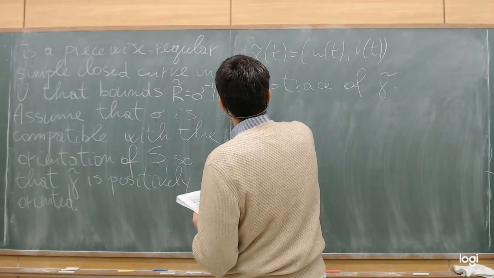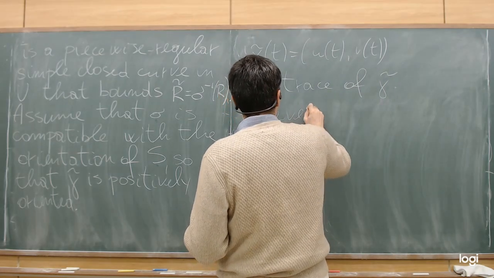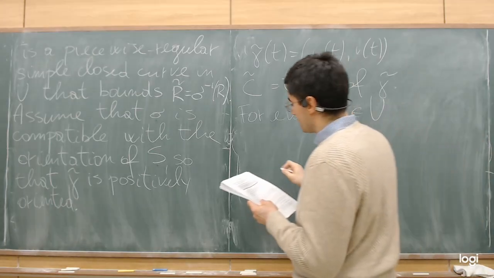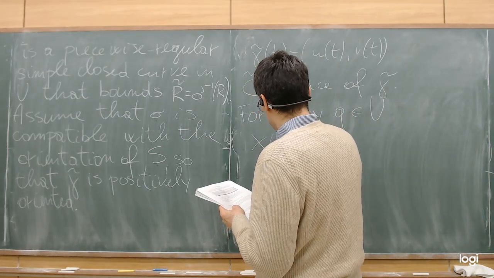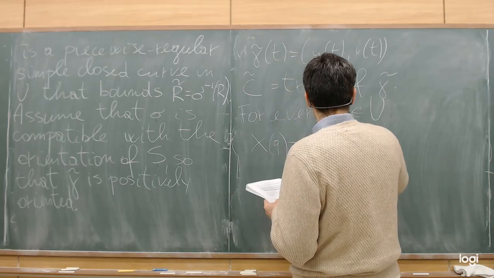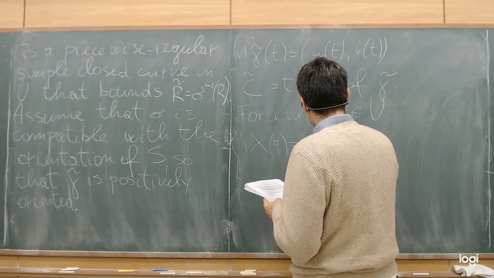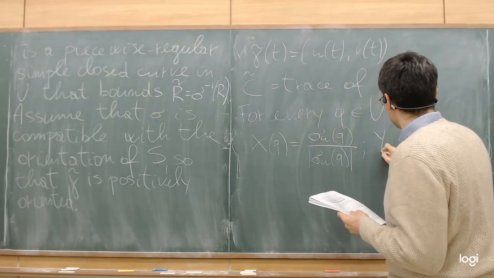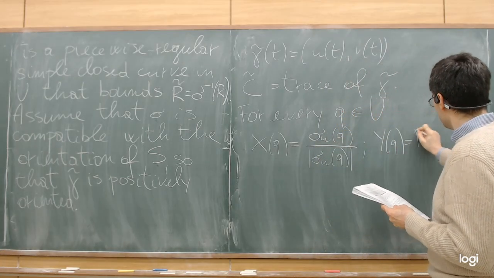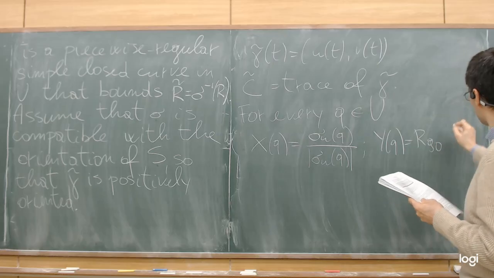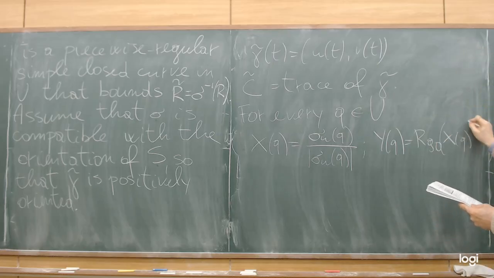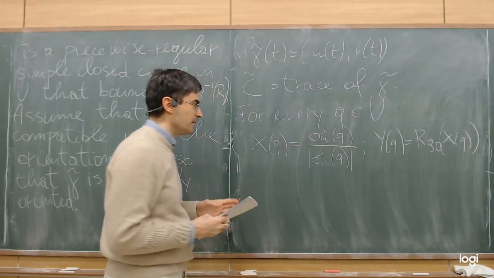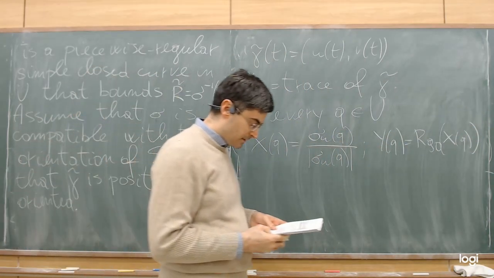For every point q in the open set U, we define X q equal sigma u q over its length, and Y at q equal R90 X q. So we define these two vector fields.